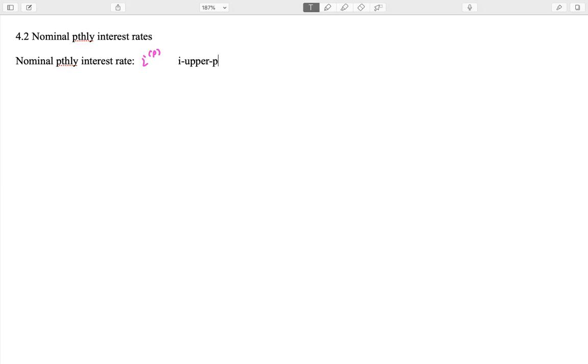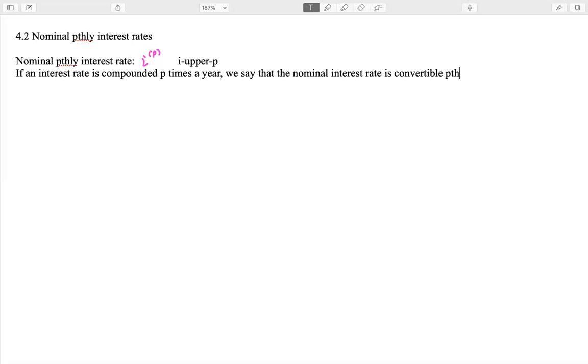Okay, so what other notations do we have? Basically, let me copy the definition. So if interest rate is compounded P times a year, we say that the nominal interest rate is convertible pthly.